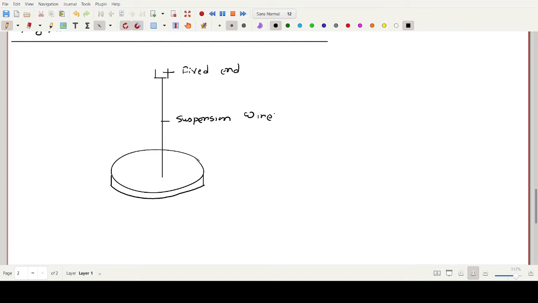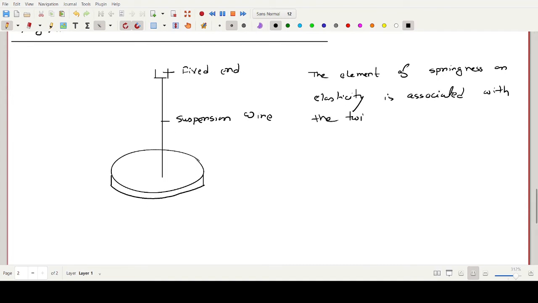The element of springiness or elasticity is associated with the twisting of a suspension wire rather than the extension and compression of a spring.